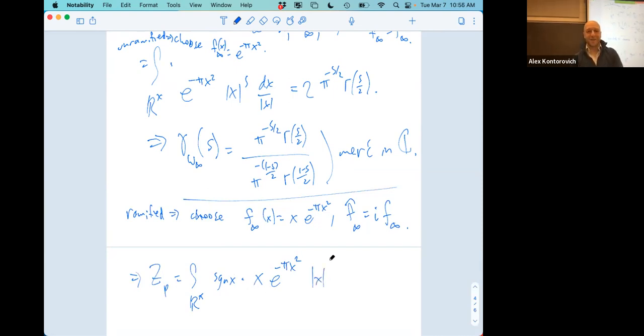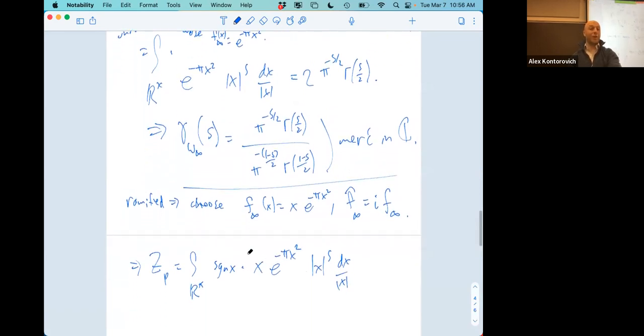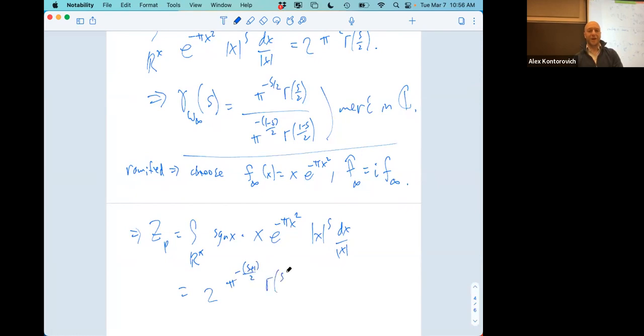And then I have absolute value of x to the s dx over absolute value of x. So this is literally the same thing as before, except with s replaced by s plus 1. So this is twice pi to the minus (s plus 1) over 2, gamma of (s plus 1) over 2. That's Z.